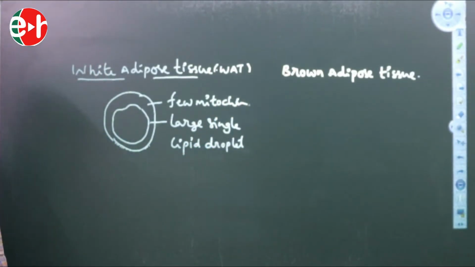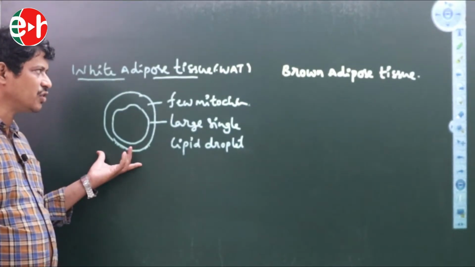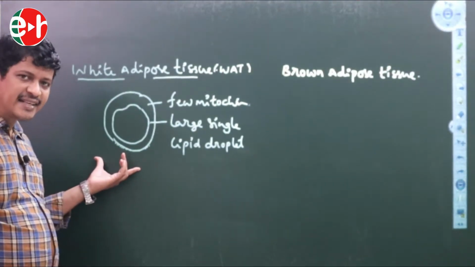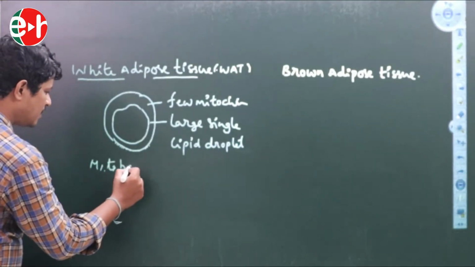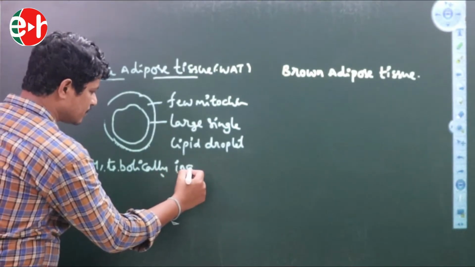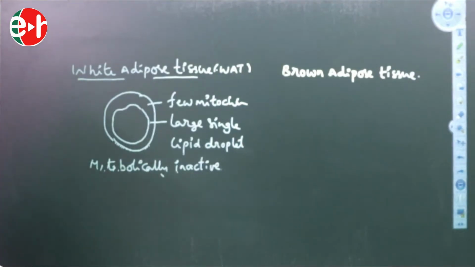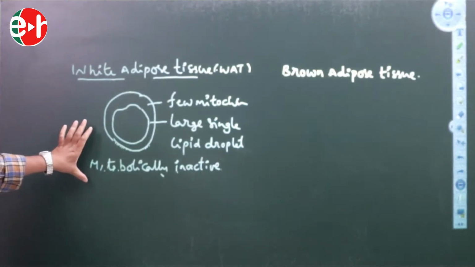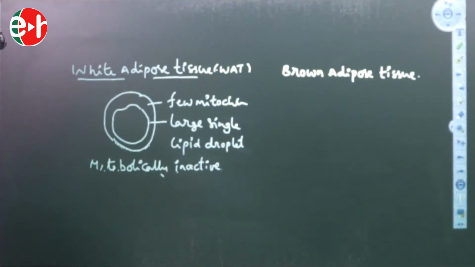Due to the presence of very few mitochondria in this adipose tissue, the white adipose tissue is metabolically inactive. This white adipose tissue is metabolically inactive because very few mitochondria are present in it.